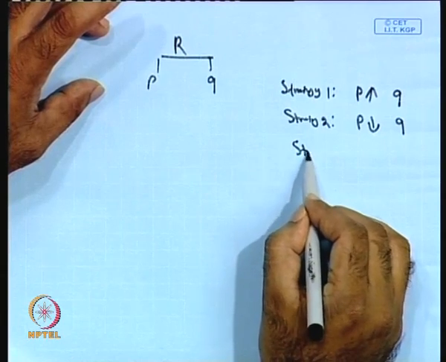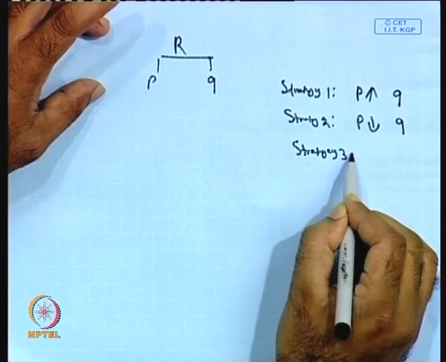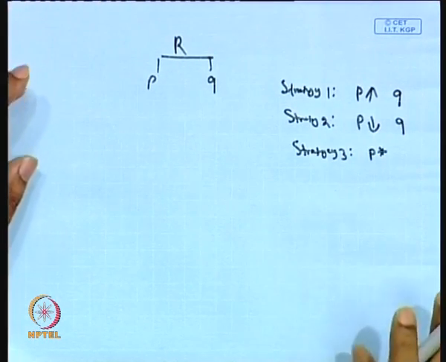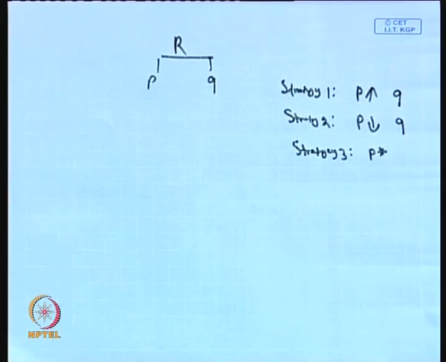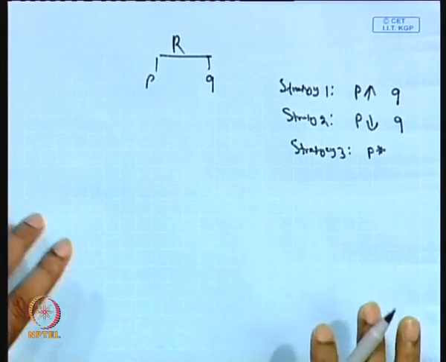Then strategy 3, P remains constant. But if P remains constant, then Q remains constant. So, that means strategy 3 cannot be possible. However, first strategy and second strategy can be very effective tools for solving this particular issue.